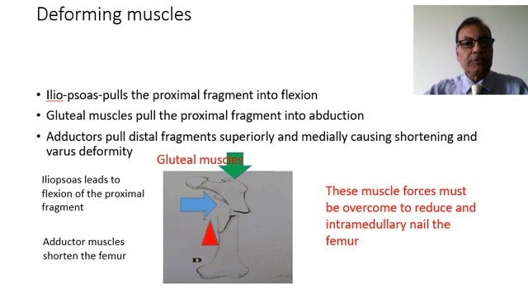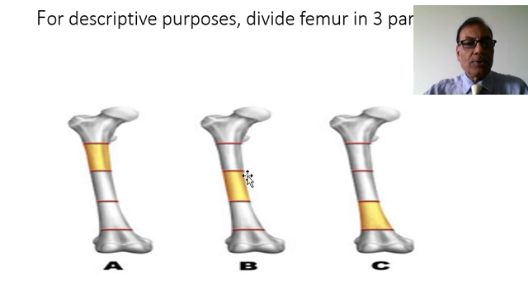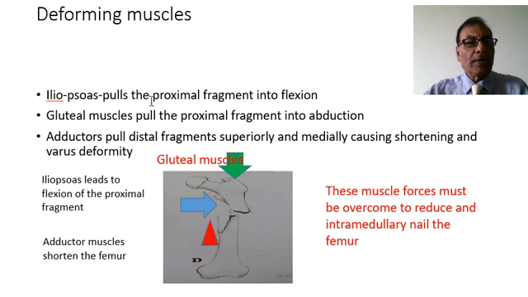Deforming forces: iliopsoas pulls the proximal fragment into flexion. Gluteal muscles pull the proximal fragment into abduction, and adductors pull the distal fragment superiorly and medially, causing shortening and varus deformity.